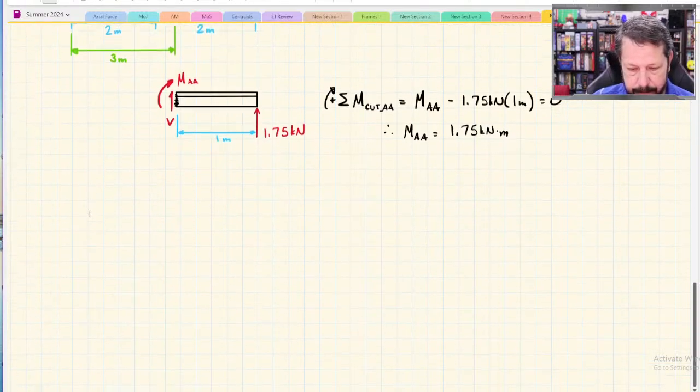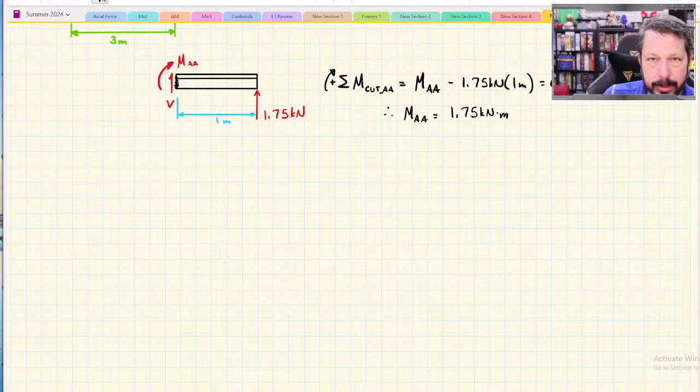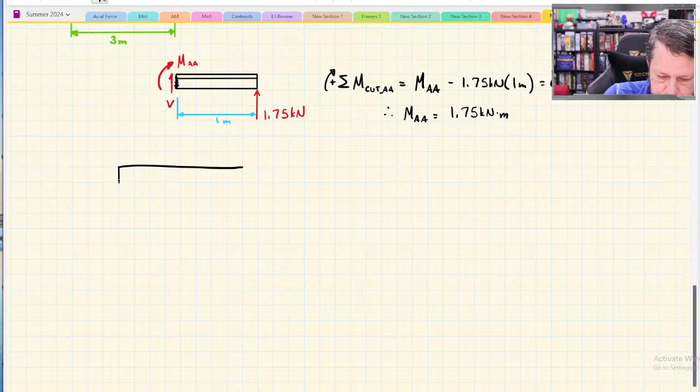So let's go down here and let's try to draw a larger version of our cross section. So it's something, let's see, do I need it to go further than, we'll go there. And we'll go somewhere down here.